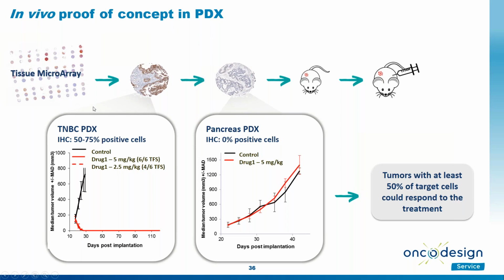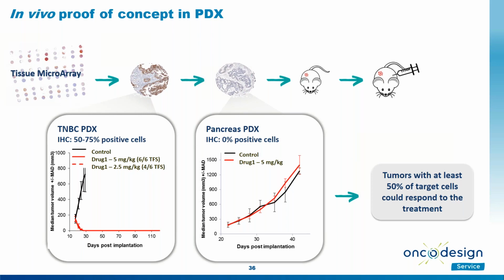It's a triple negative PDX model with very high expression of the target, and you can see that the compound is very active, and then another tumor, a pancreatic tumor with no expression of the target, in which the compound is not effective.